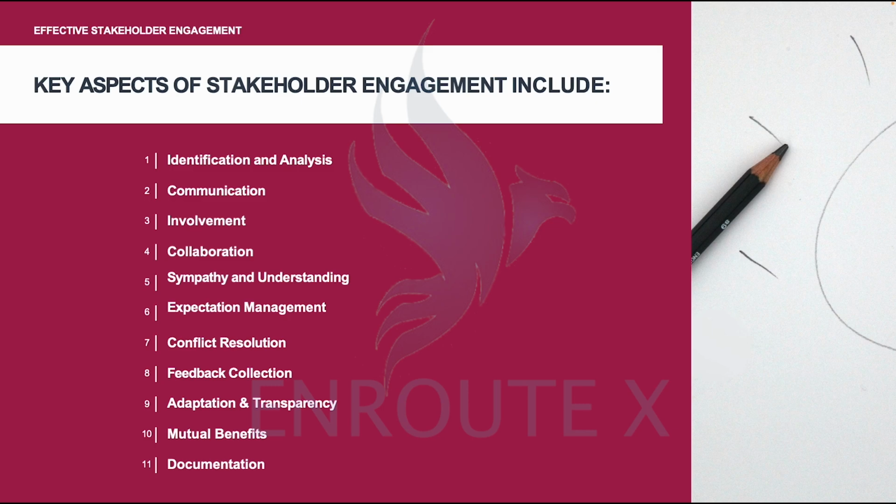So while engaging stakeholders, we must put on these caps as needed. Expectation management, conflict resolution, feedback collection, adaptation and transparency. Of course, we need to be transparent when we are dealing with the stakeholders. Mutual benefits and documentations. So these are key aspects of stakeholder engagement.